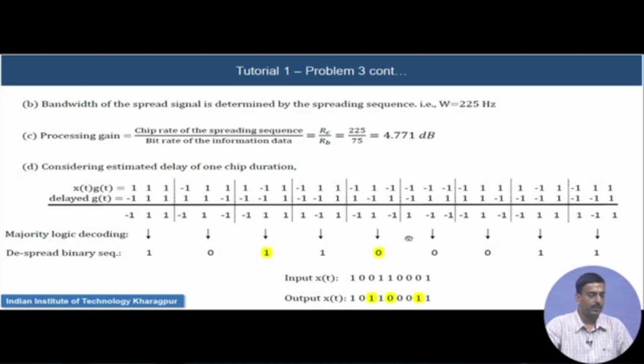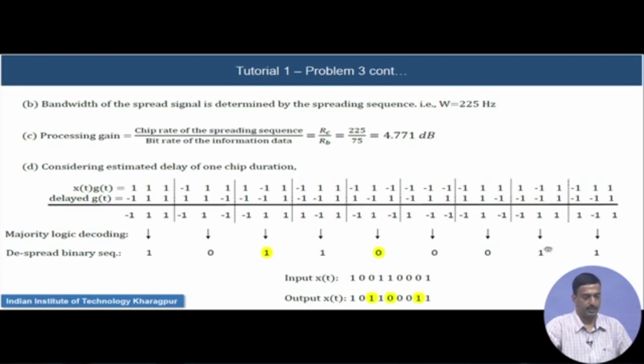So now what we see is that we have the despread binary sequence based on this majority logic decoding as 1 0 1 1 0 0 0 1 1. When we compare it with the input, we notice there are 3 errors in bit positions 3, 5 and 8.